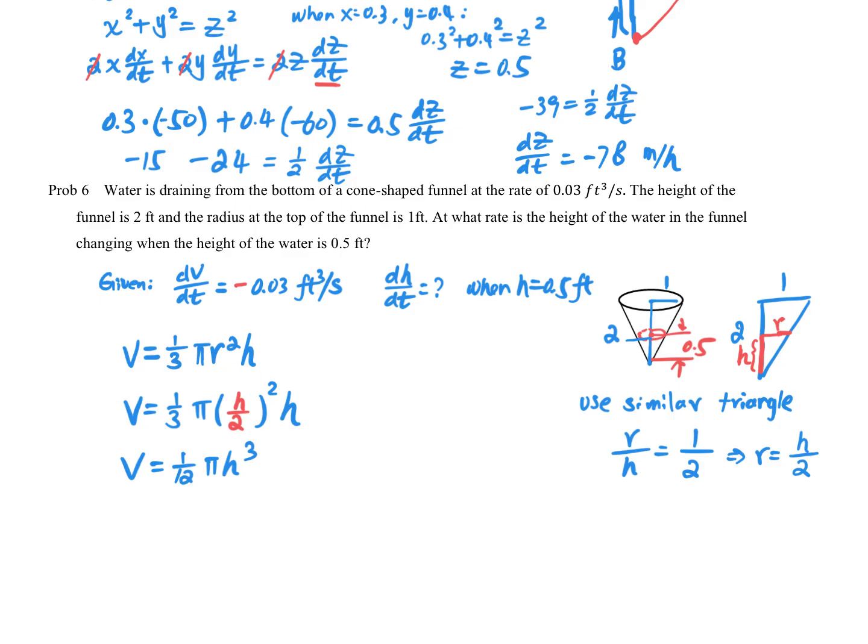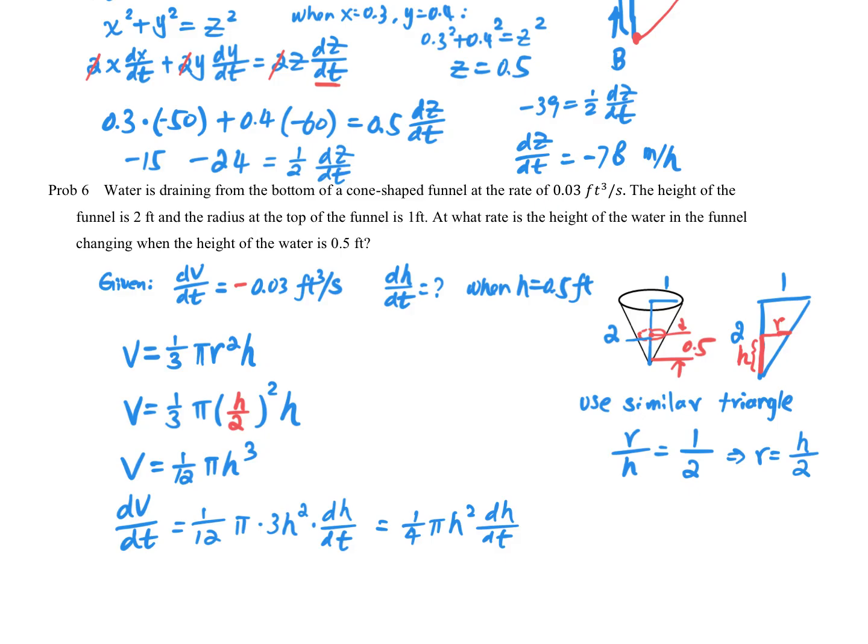Next, we need to differentiate both sides with respect to t. So dV/dt equals 1/12 pi times 3h squared times dh/dt, which is actually 1/4 pi h squared dh/dt.